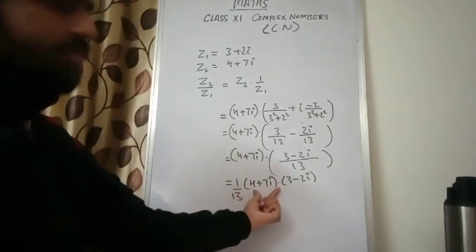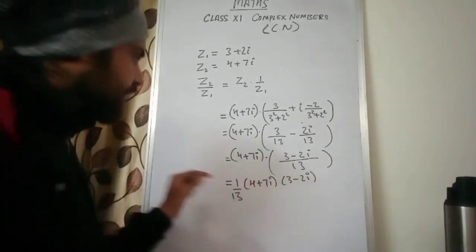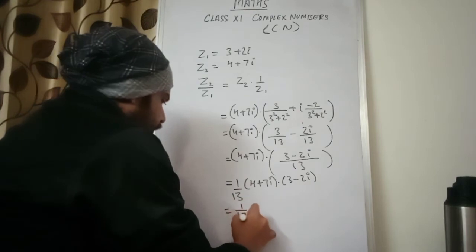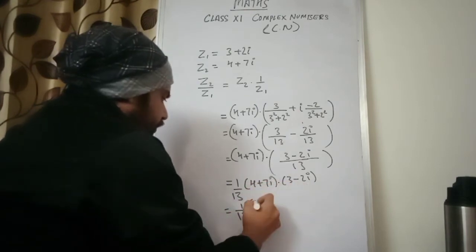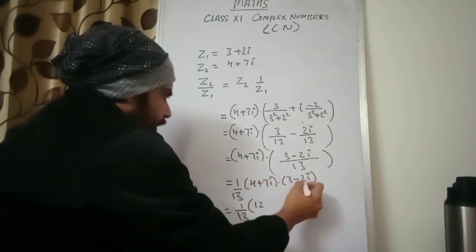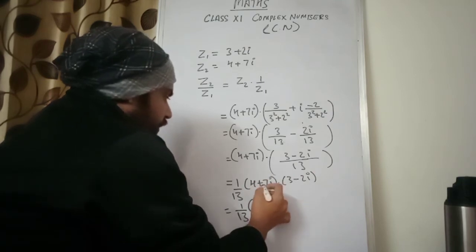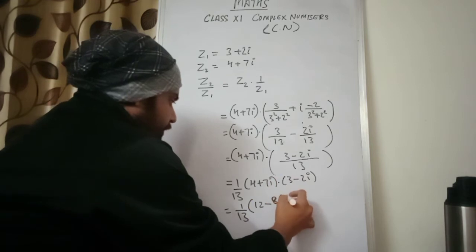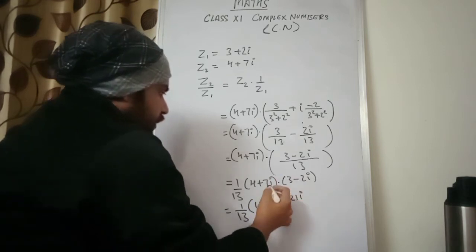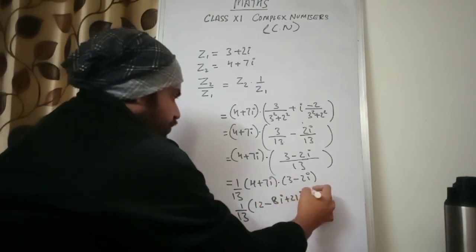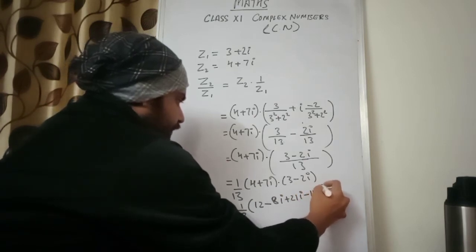Now we know how to multiply these two complex numbers. Easy. So 1 by 13, so 4 into 3, 12, 4 into minus 2i, minus 8i, plus 7i into 3, that will be plus 21i, plus 7i into minus 2i, that will be minus 14i square.